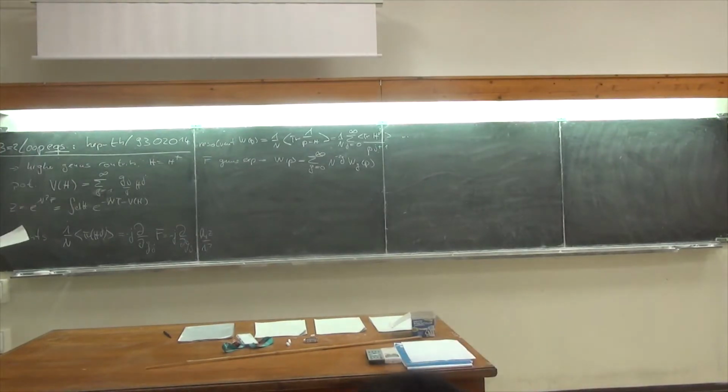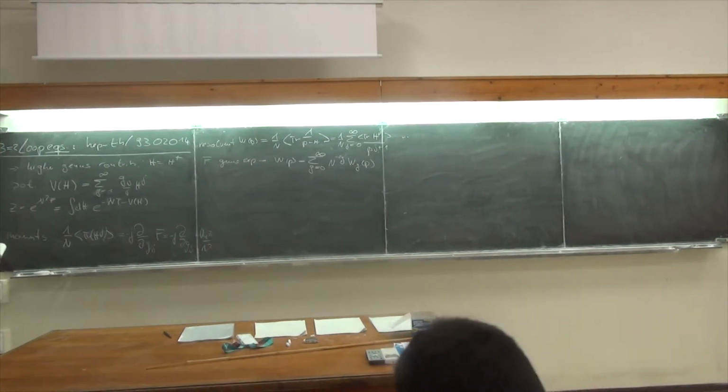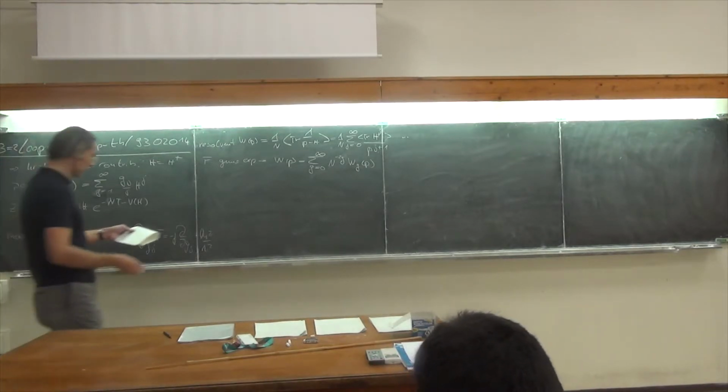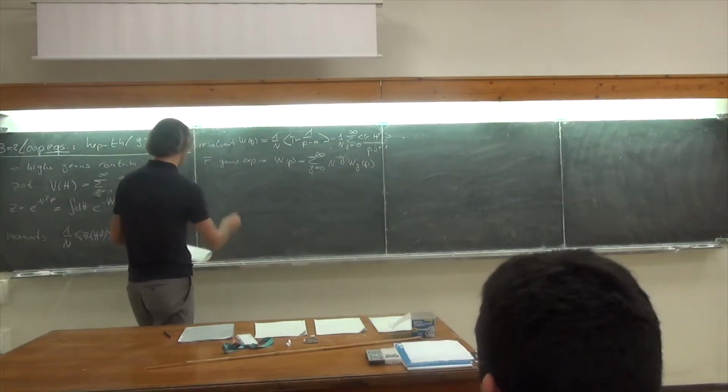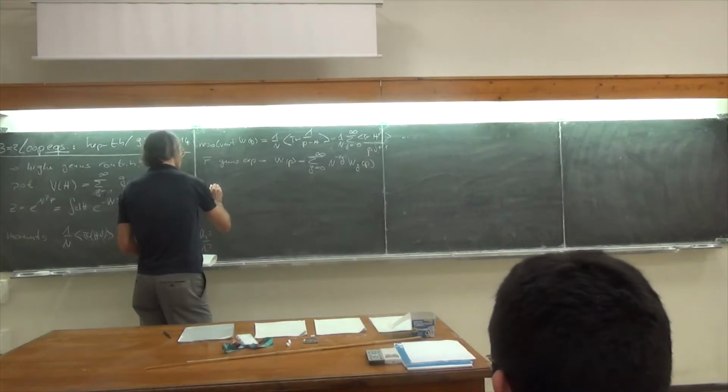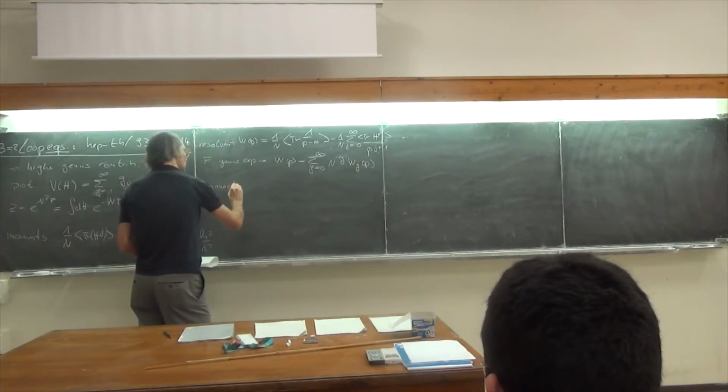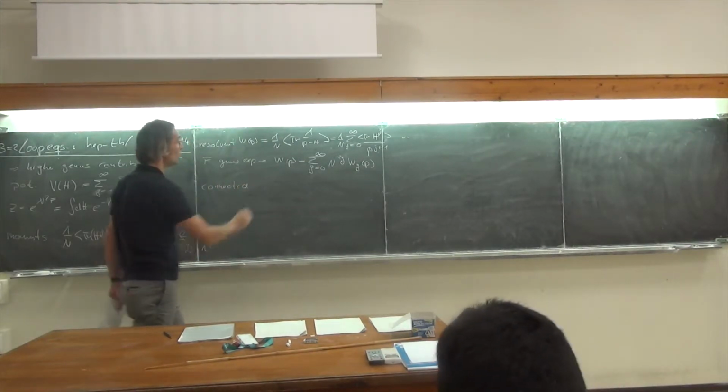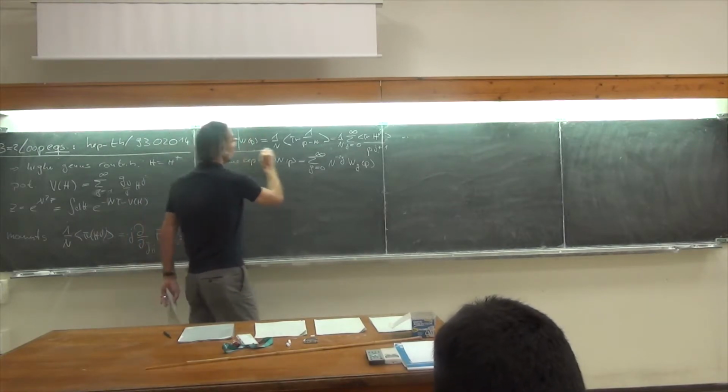Now, there's another object that we will need. That is the connected two-point resolvent, because this will appear in the equation that we will derive for this object.